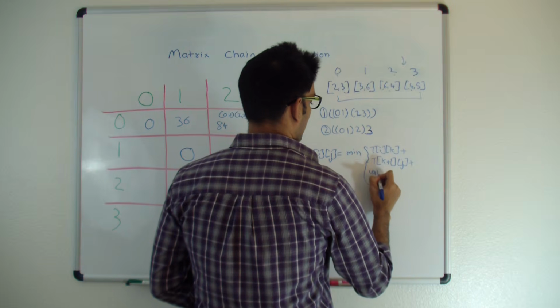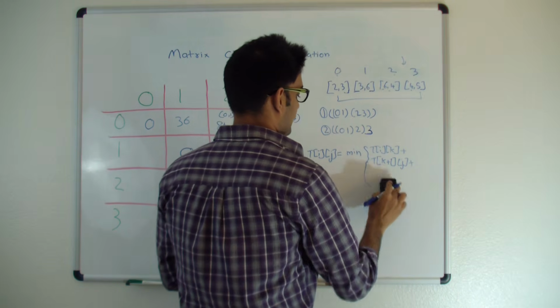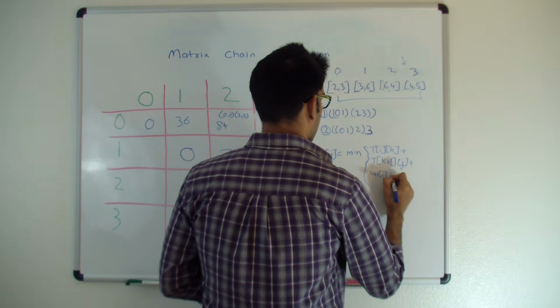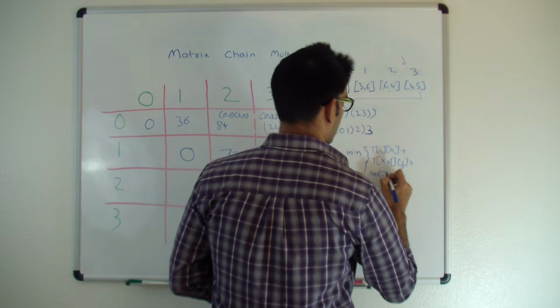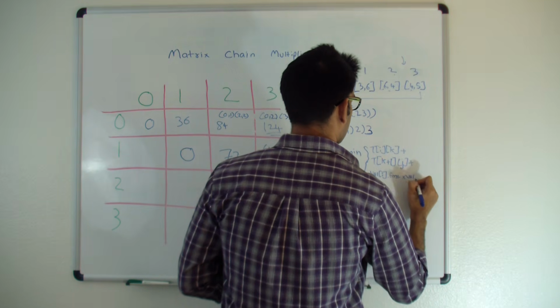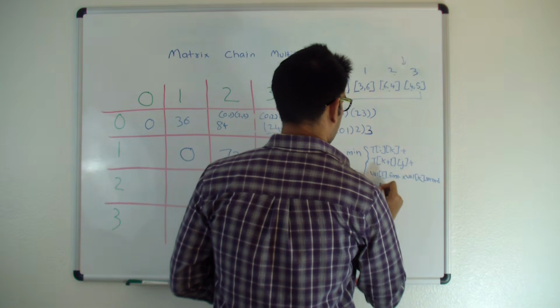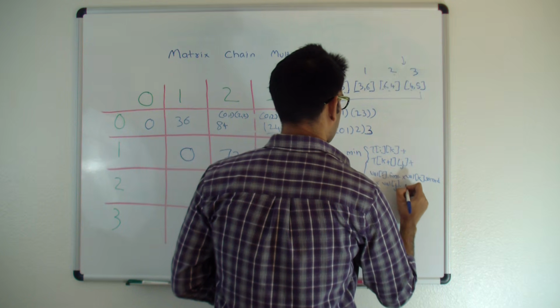So value of first, value i first into value k second into value j second.